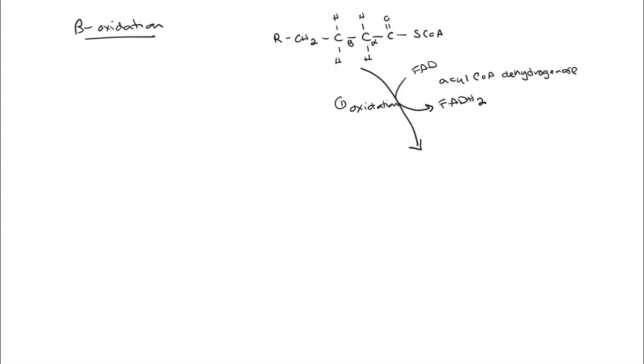And what we're going to do is remove electrons between the alpha and beta carbon, forming a double bond. And it's going to look like this. Oh, starting out, we should probably label it, fatty acyl-CoA.